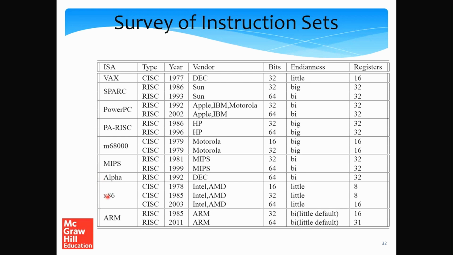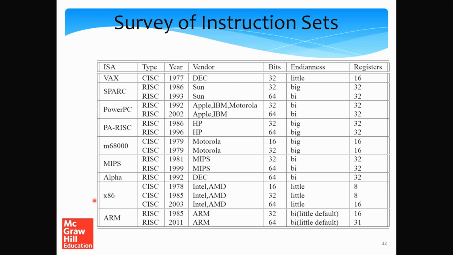Then we come to the x86 instruction set, which is actually a family of instruction sets. It's not just one instruction set, but many. Intel started its journey in 1978 with a 16-bit instruction set that had 8 registers.